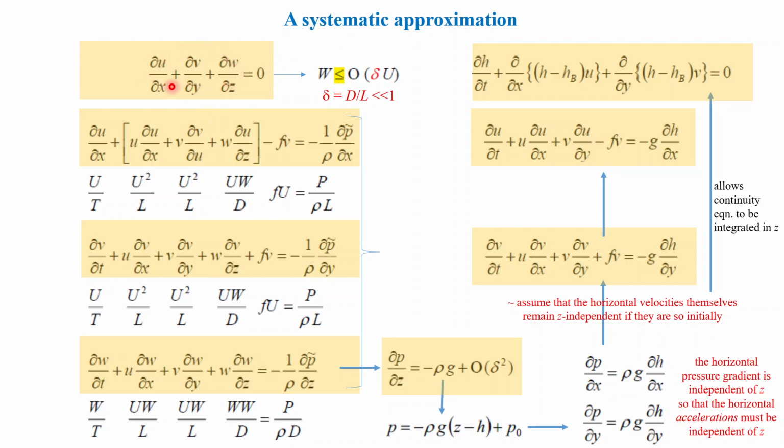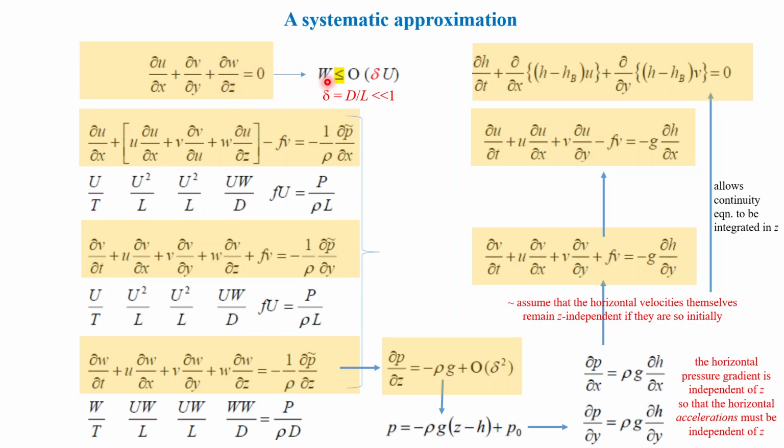First, from the continuity equation, du/dx can be expressed by the characteristic velocity U divided by L, the characteristic horizontal length scale. The same for dv/dy, which can be expressed as U over L, and dw/dz can be expressed as W over D, where D is the vertical length scale.